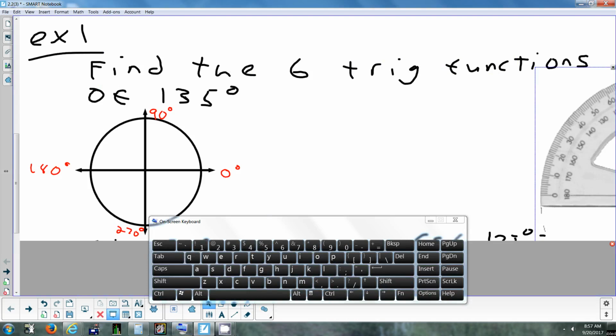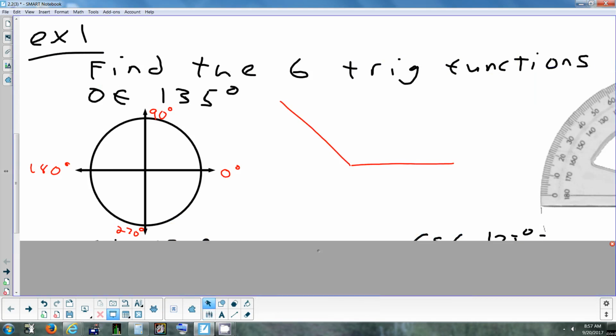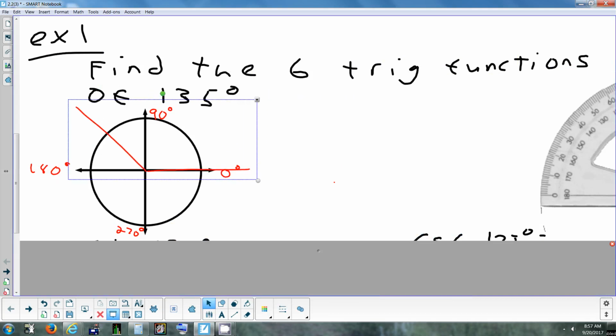But if I had a protractor that actually worked, I could draw a 135-degree angle. It would look something like, maybe about like that, and you would draw it inside the circle. Really, the only part that we care about is the part that I'm leaving in red.